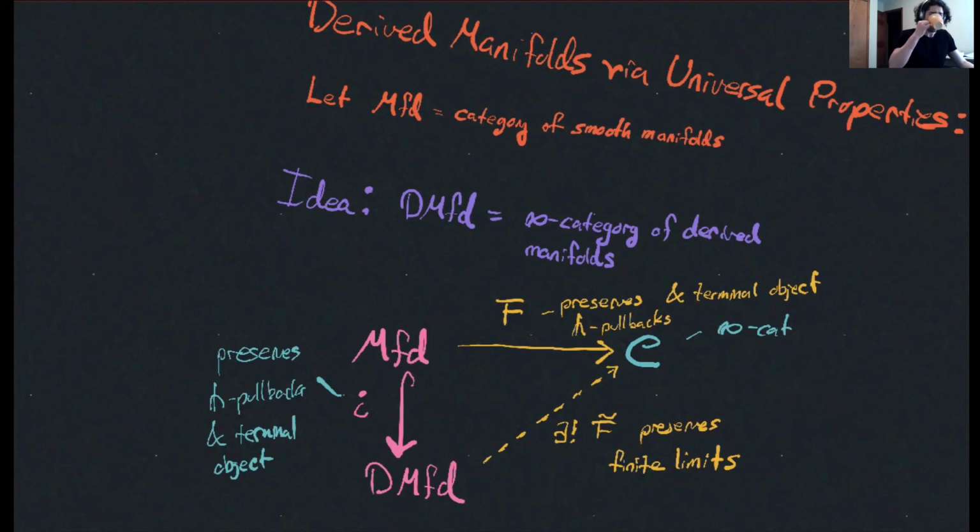So now suppose that you have some functor out of the category of manifolds to some infinity category, and this functor preserves the transverse pullbacks and it preserves the terminal object. Then you want it to extend to a unique functor out of derived manifolds which preserves all the finite limits.